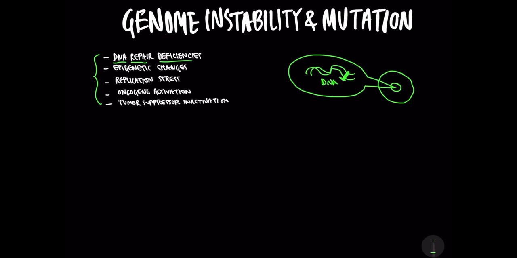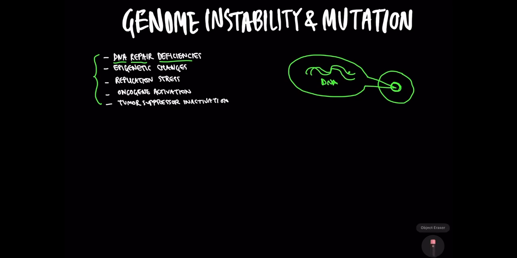So this is a tick mark. So there are mechanisms within the cell and the nucleus to prevent and to repair any damage to DNA that occurs.